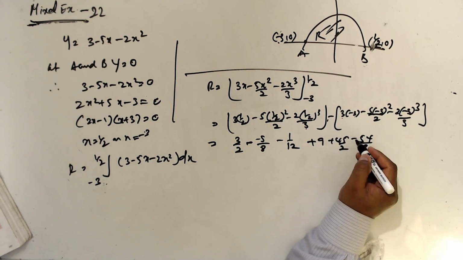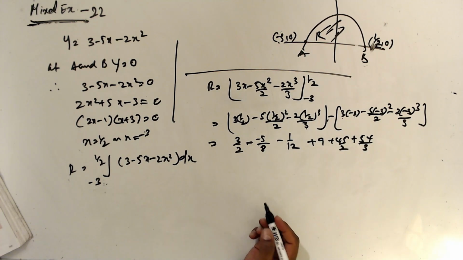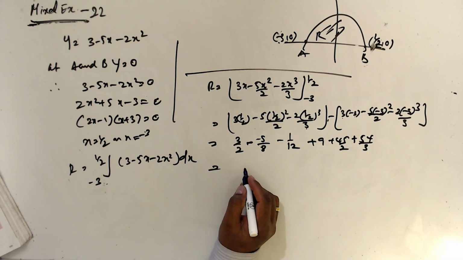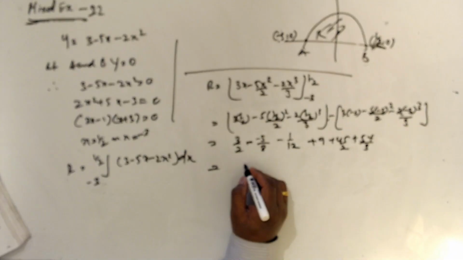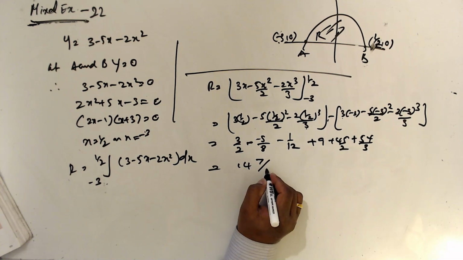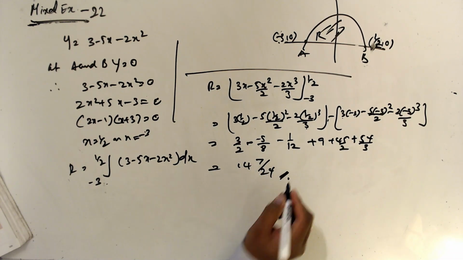Minus times minus is going to be positive. And then you get the answer as 14 7 over 24.